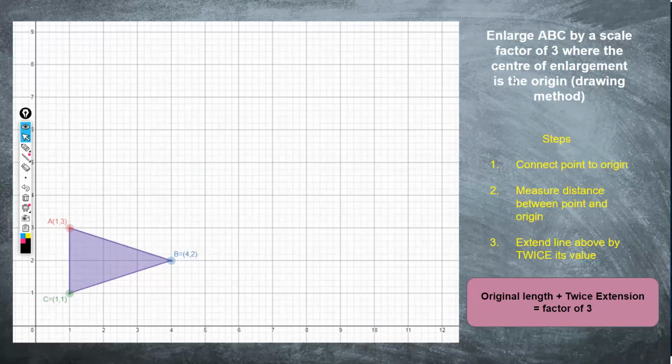All right, so here's another type of question. Now, this question, I'm going to ask you all to draw it. You don't need graph paper, but draw up an X and a Y axis. Make sure the X axis goes up to 12. The Y axis goes up to 9. Draw it fairly neat.